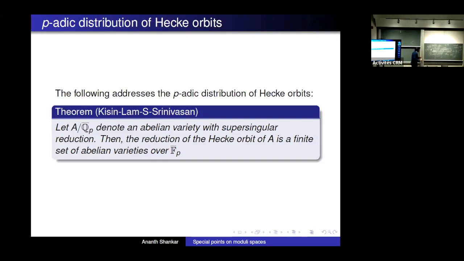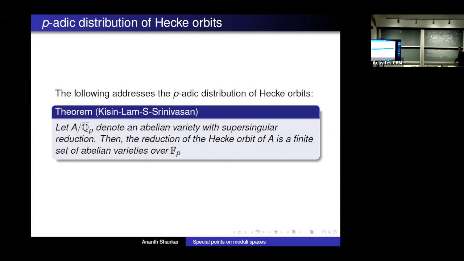So there are two things you can do. You can either look at T(A) mod p, or you can look at the union of T(A) mod p.